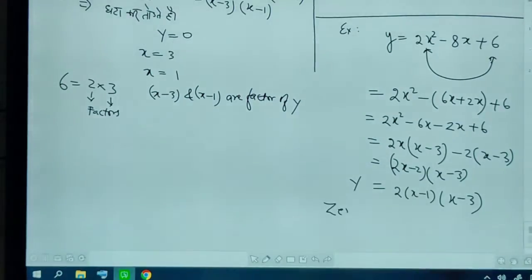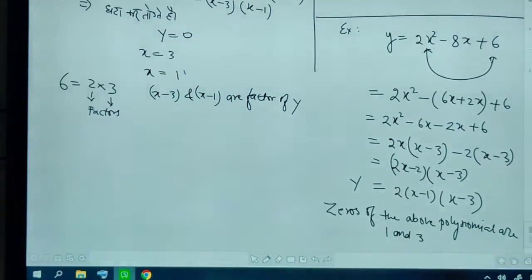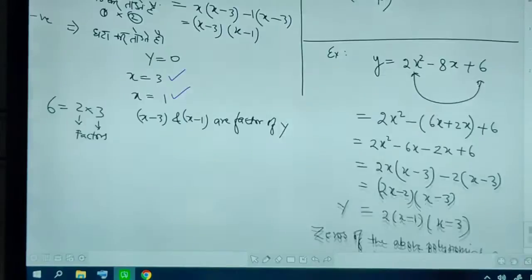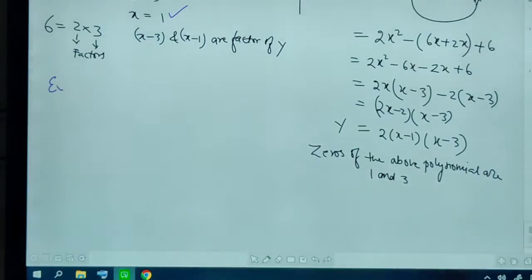So y can be written as 2 into x minus 1 into x minus 3. Now the zeros of the above polynomial are the same, 1 and 3. So we can see that if the whole function is multiplied by 2, the zeros of the polynomial do not change. In other examples also we can see it.